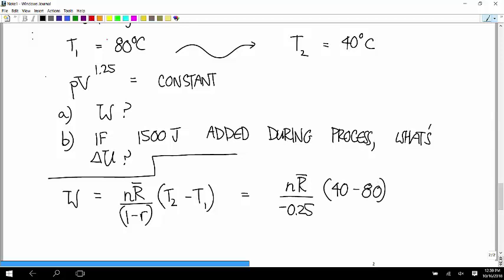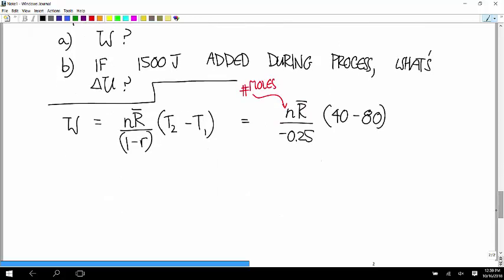N is the number of moles, and R bar is the universal gas constant.